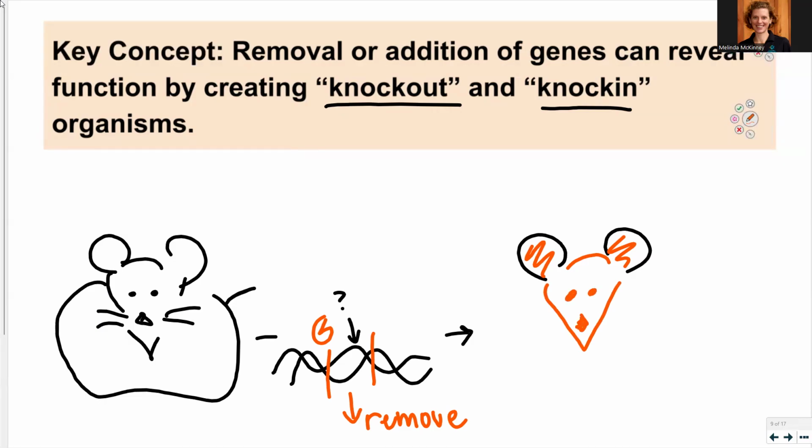And that's used quite a bit in laboratory settings to investigate the function of a specific gene. So you can take it out and see what effect it has from removing it, if the organism is still capable of living, how it's affected. You can also add in a different gene, that would be a knock-in, and see the consequence of that.